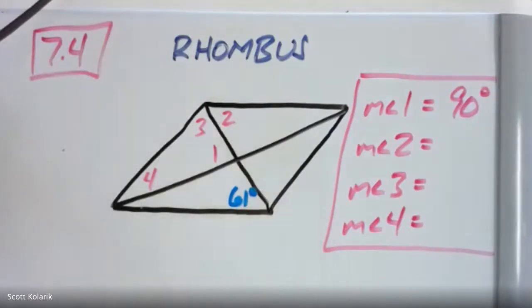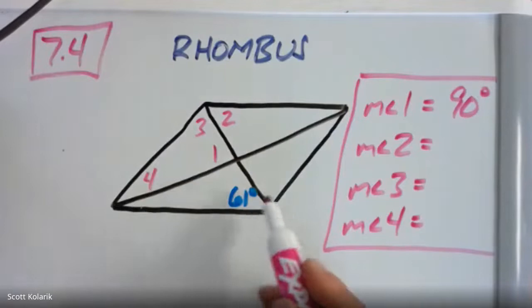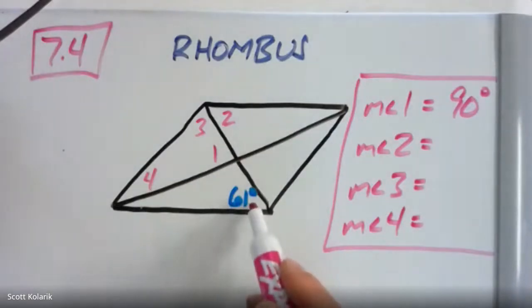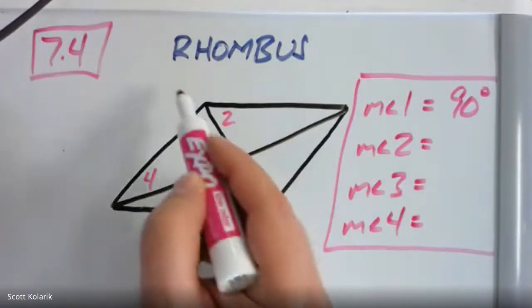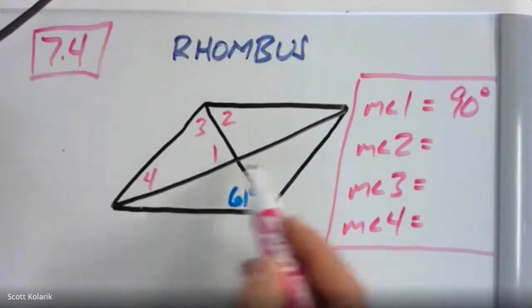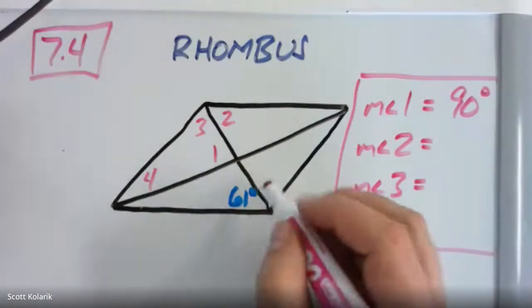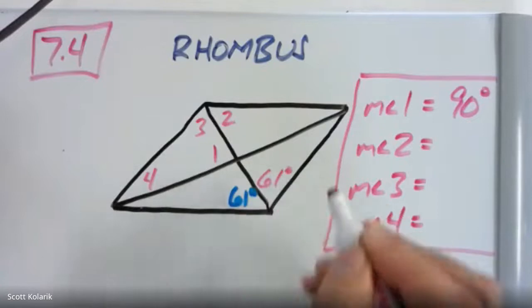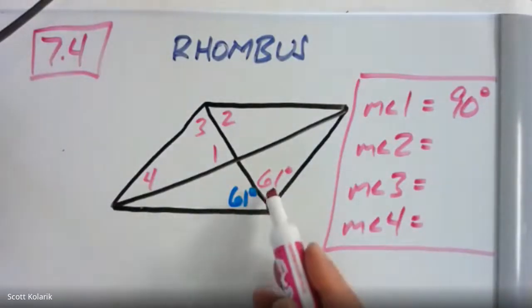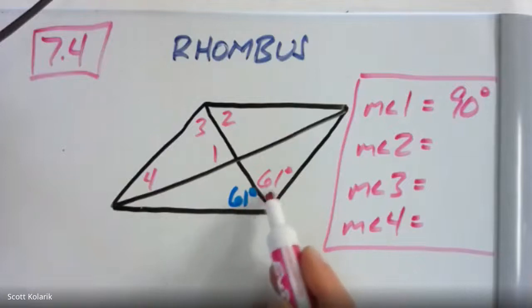Okay, well, that doesn't tell me the exact measurement yet, but because I know that this is 61 degrees here, and this same diagonal still has to bisect this bottom right corner, that forces this angle here to, in turn, be 61 degrees. Now, I didn't need this one, but this is just to show you that these 2 are 61 degrees.